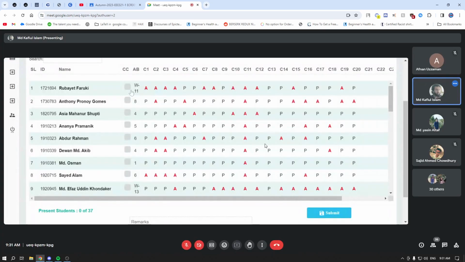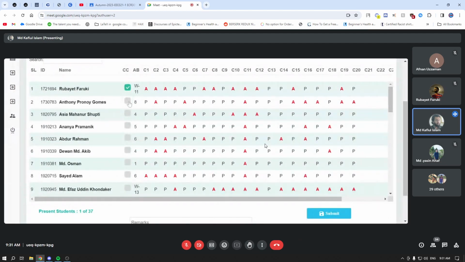Rubaiyat Faruqi, present, sir. Anthony, present, sir. Shruti, present. Ananya, present, sir. Abdul Rahman, present, sir. Akib, present, sir. Usman, present, sir. Syed Alam, present, sir.